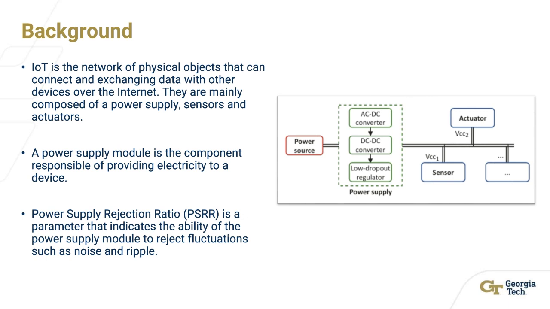The Internet of Things, IoT, consists of interconnected physical objects communicating over the Internet. These devices rely on 3 key components: the power supply, which provides electricity to the device, sensors that measure environmental data, and actuators that perform physical actions.